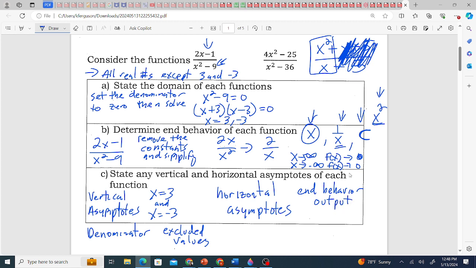If I have something specific, then that means I will have a horizontal asymptote.